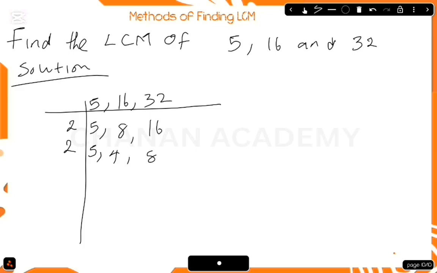2 can still divide. So 2, we have 5. Then 4. If 2 divides 4, the answer is 2. If 2 divides 8, the answer is 4.